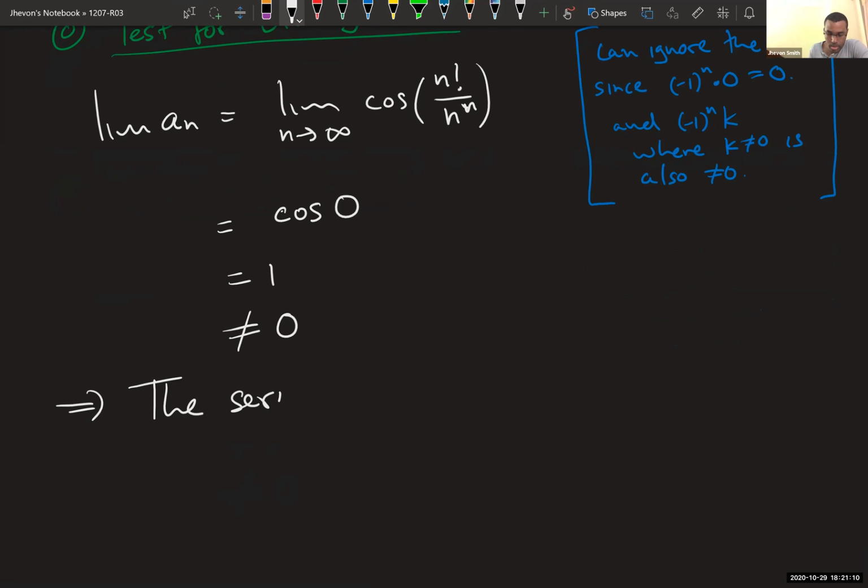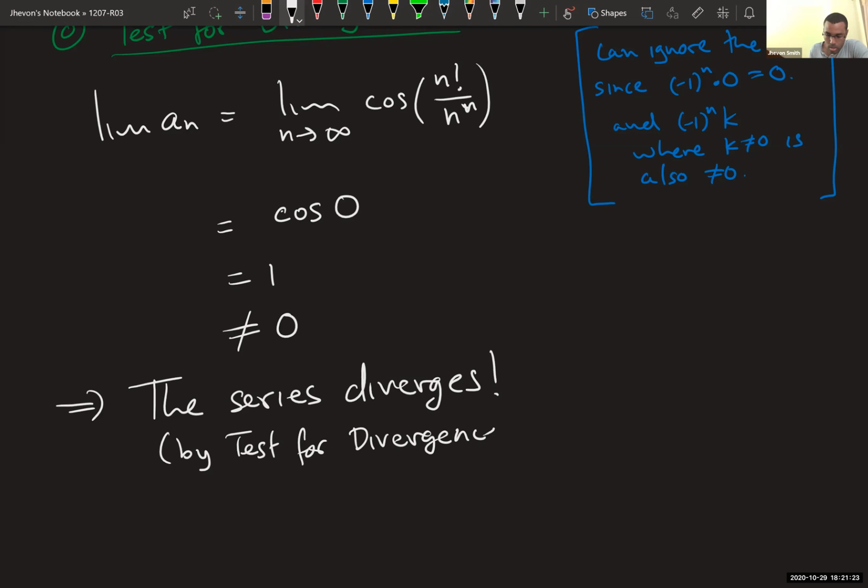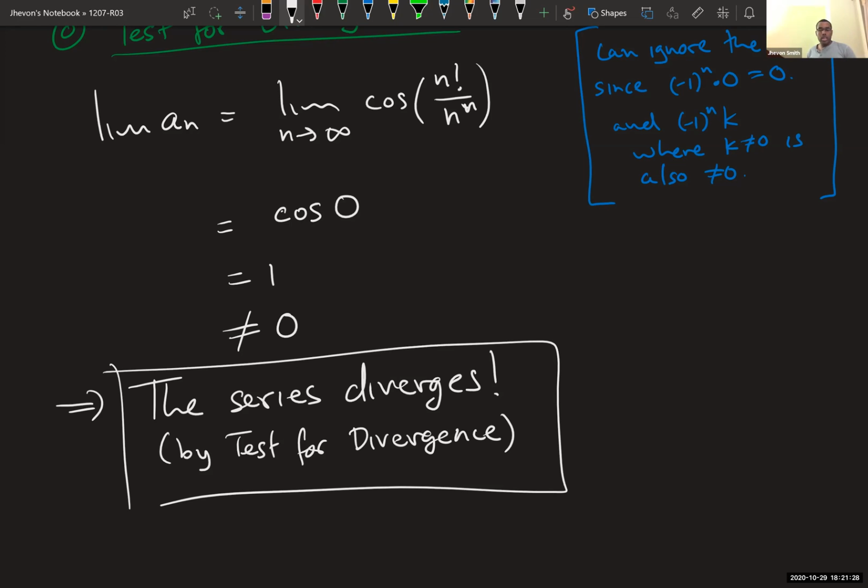You don't have to do anything, and you can say if you want by the test for divergence. And you stop. You don't have to do anything else. You don't have to check conditional, you don't have to check absolute.